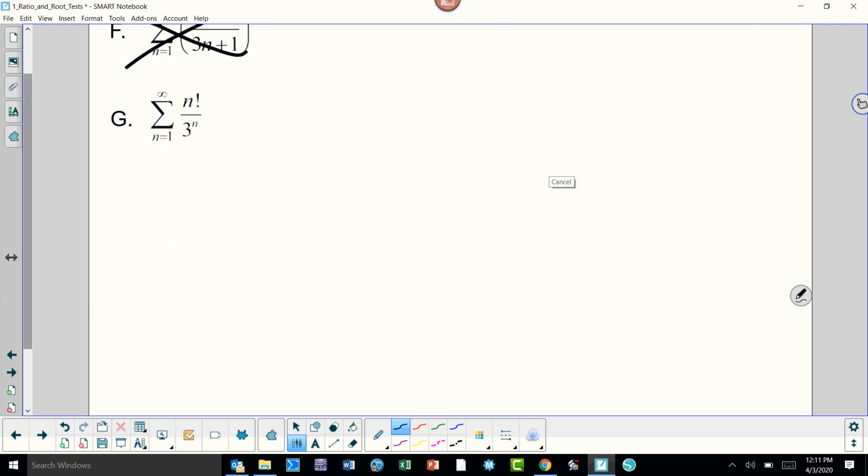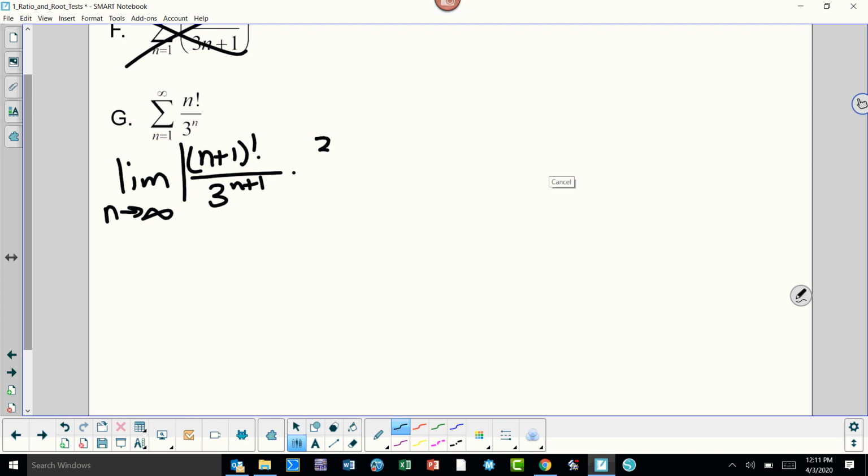And then this one, you should immediately say to yourself, there's a factorial in it, so I'm going to do the ratio test. Okay, so immediate factorial ratio test. So I'm going to do the limit as n goes to infinity of the n plus 1 term, and I got to do absolute value, over the nth term, which again means invert and multiply.